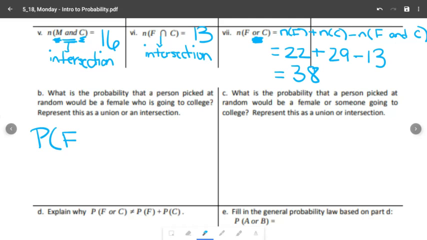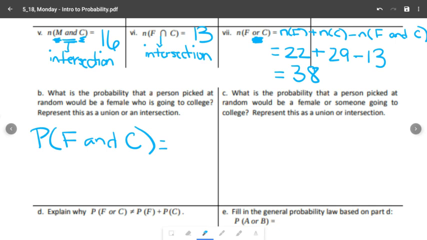So union would just include everyone who was female and everyone who was going to college. But for this question, I don't want everyone. I want the females who are going to college. So that means I am looking for their intersection, the probability of their intersection.